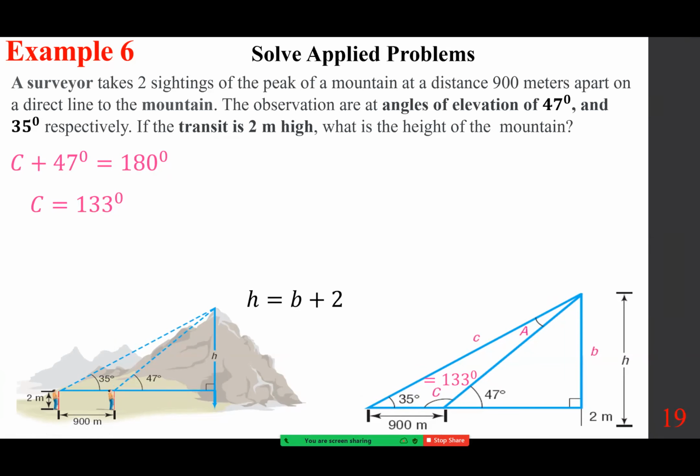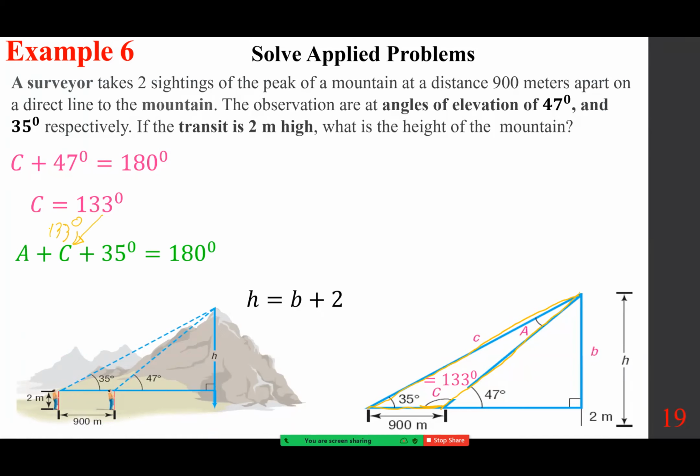So we are looking at this one. Capital A is 180 minus C and minus 35. And we know C is 133 degrees.